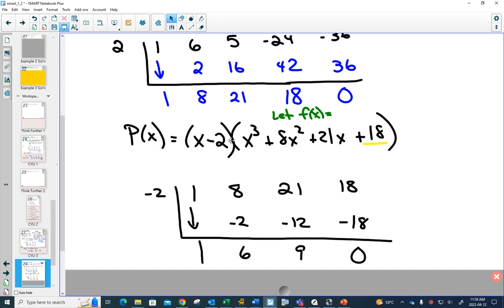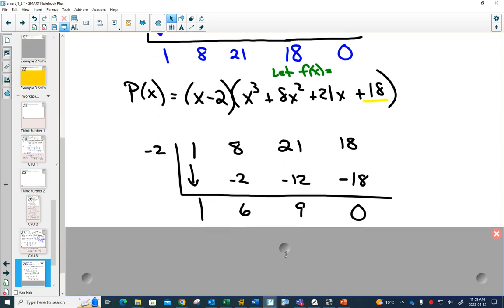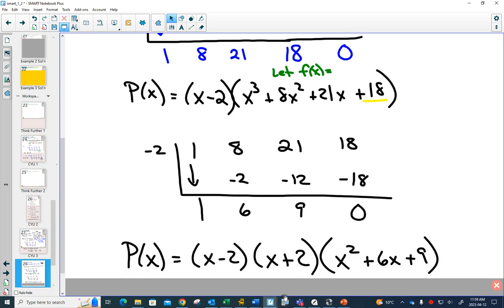I did the synthetic division for this f of x part. Got a remainder of 0. And then I would rewrite my division statement for p of x. But now I broke up this f of x part like this.